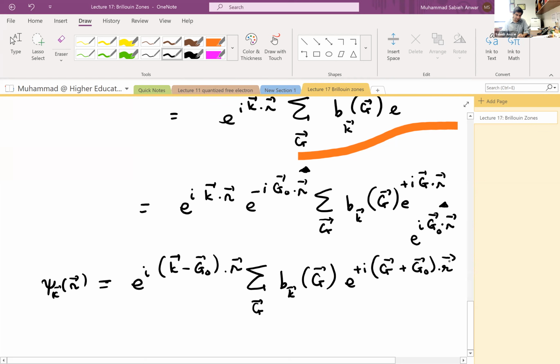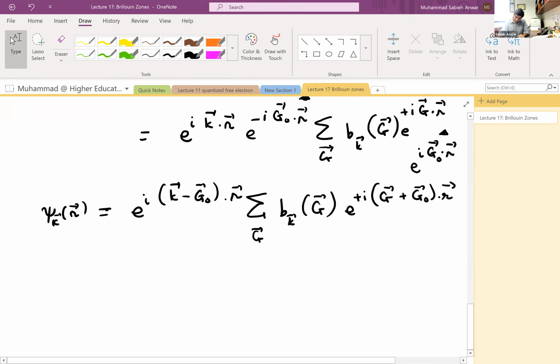Okay. So now what I could do, I could really replace this G plus G naught by some other vector G, I call it G prime.